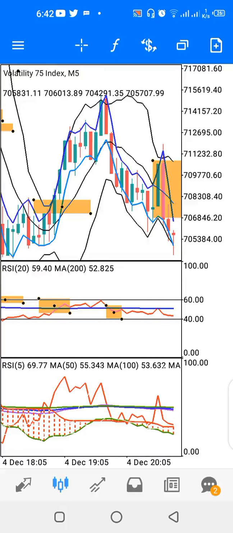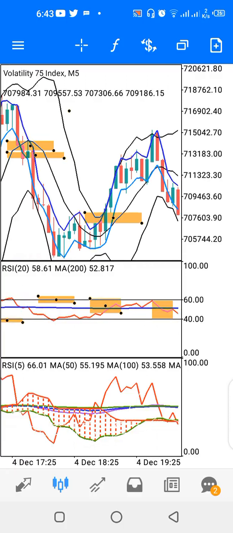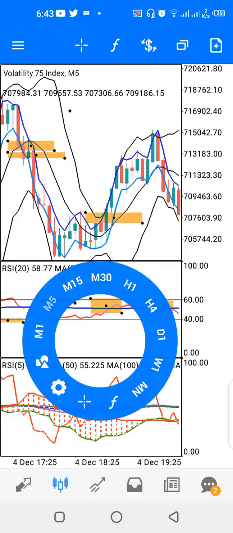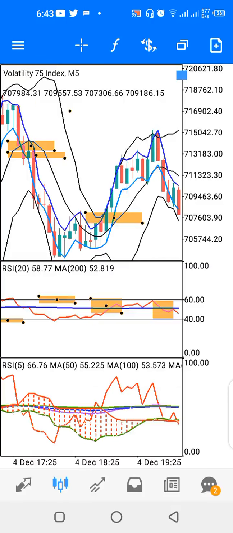But as long as the entire setup is within the upper and lower bound, which is the 60 and the 40 RSI lines, you are still in a range. But if the red line crosses below the 40, that means you have a breakout for a longer trade.